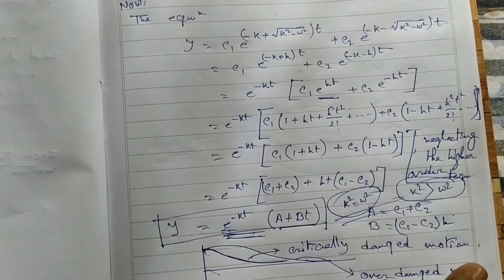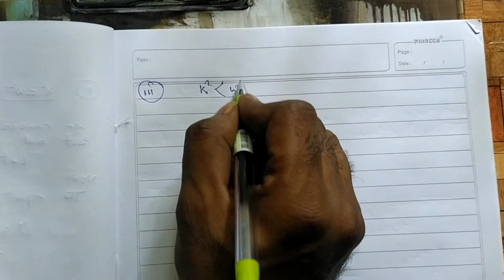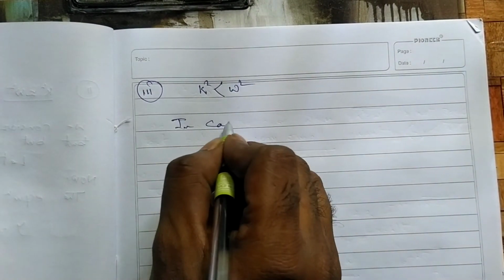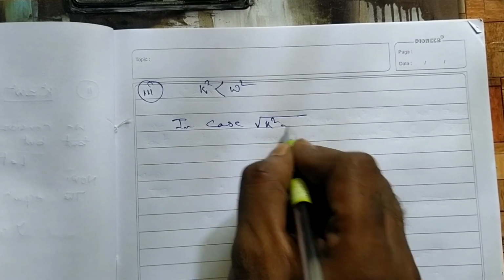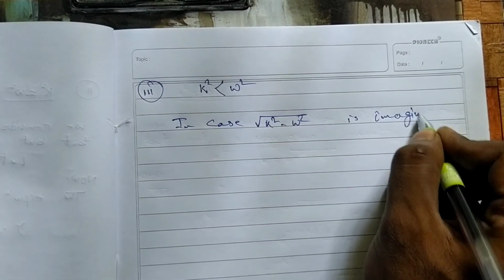Clear? So now we are going to the third one, in the case when k square is less than omega square. In that case obviously k square minus omega square is imaginary.